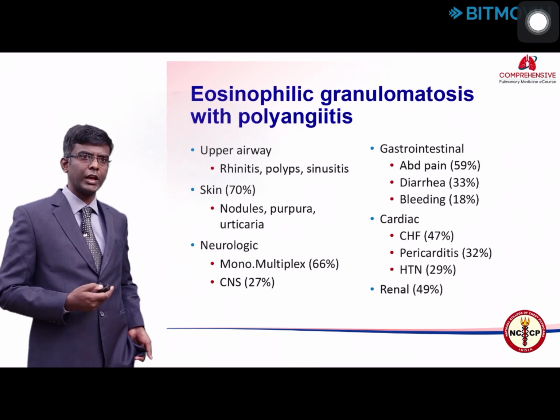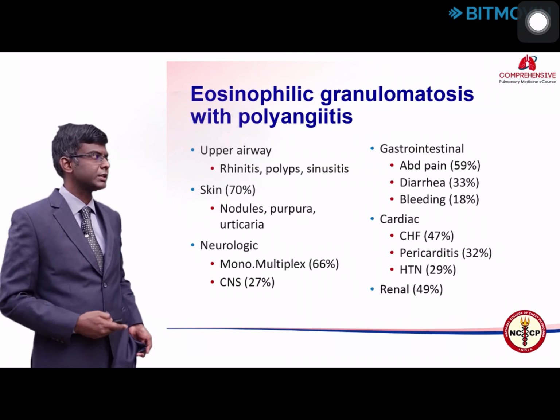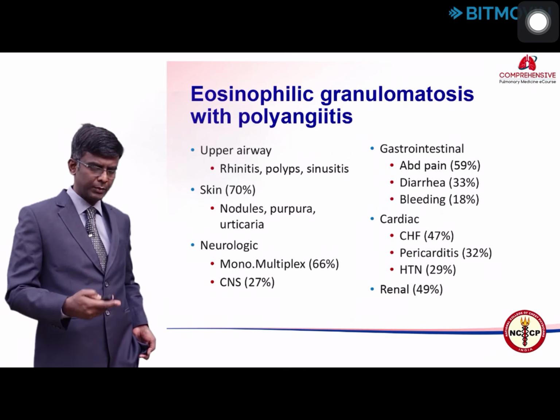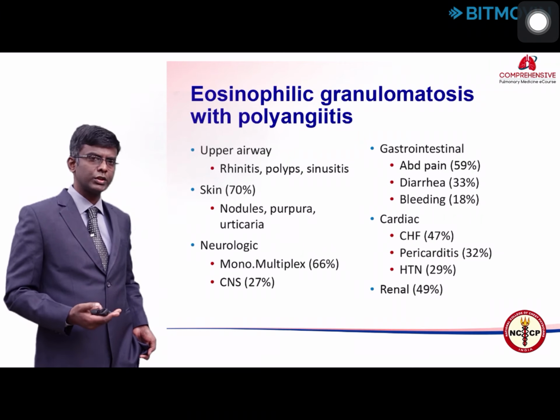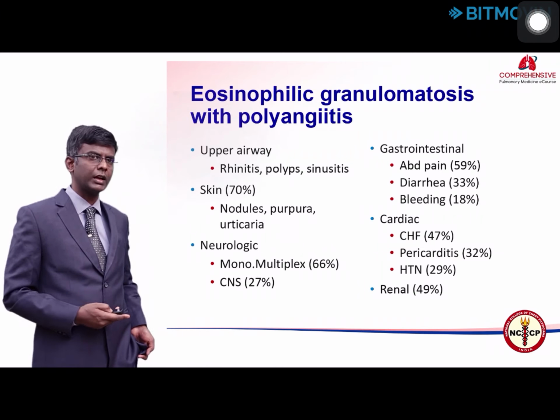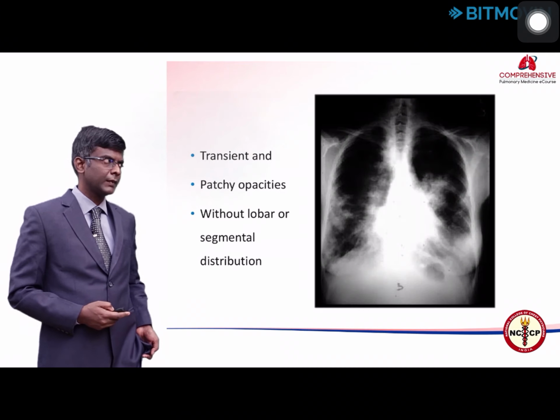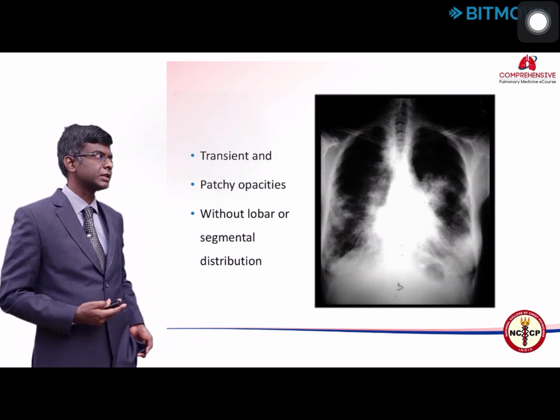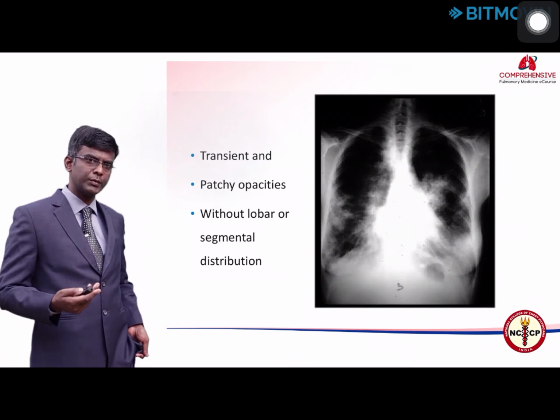EGPA patients can have a myriad of presentations. They can present with upper airway symptoms, skin manifestations, neurological manifestations, gastrointestinal manifestations, cardiac and renal. Chest X-ray may show transient and patchy opacities without lobar or segmental distribution.